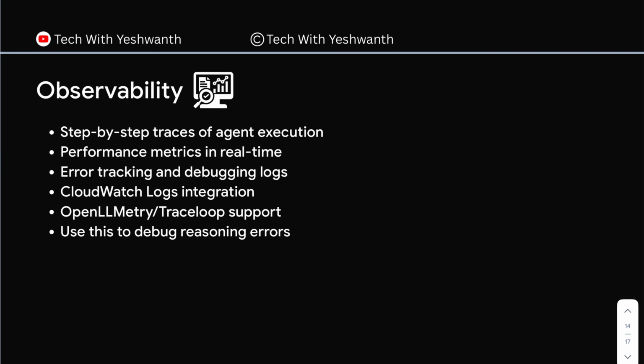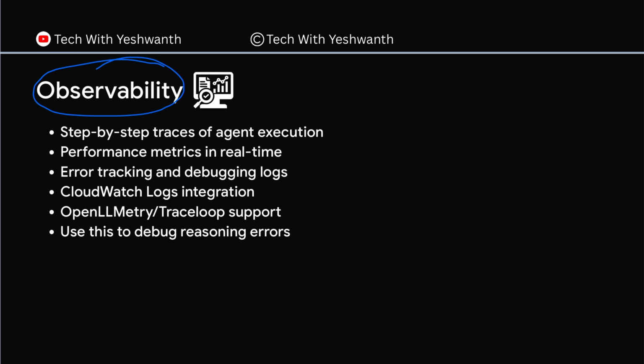Next, we are building this for the real world, right? Things will occasionally go wrong and you need to know exactly why. This is where observability comes in. It provides step-by-step traces of your agent's execution, so you can see exactly the thought process behind it. Everything can be seen: the steps that it took, what tools it used, all those things can be seen in the traces.